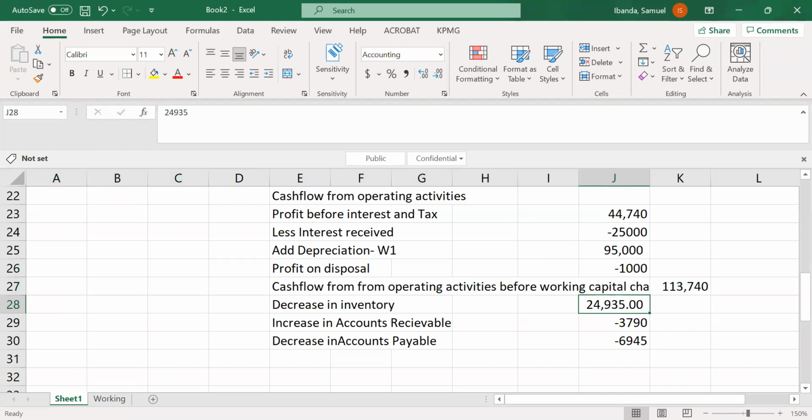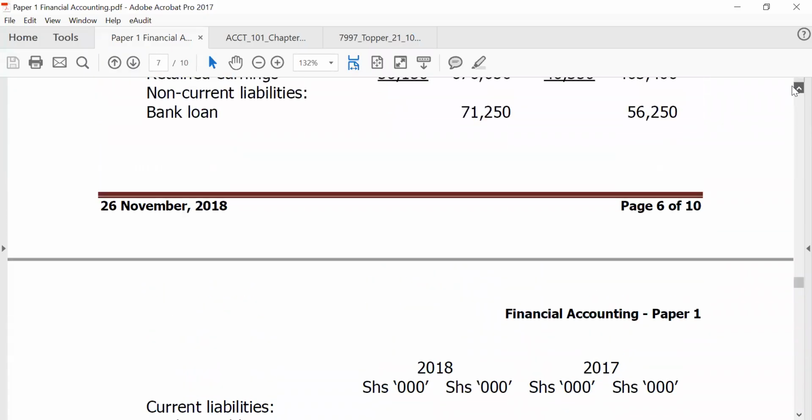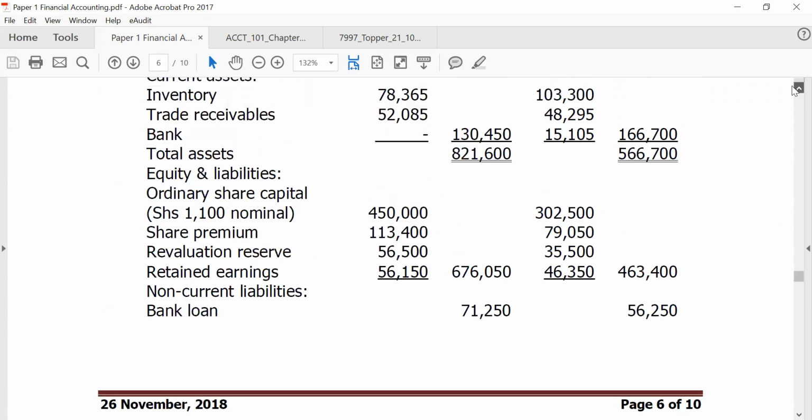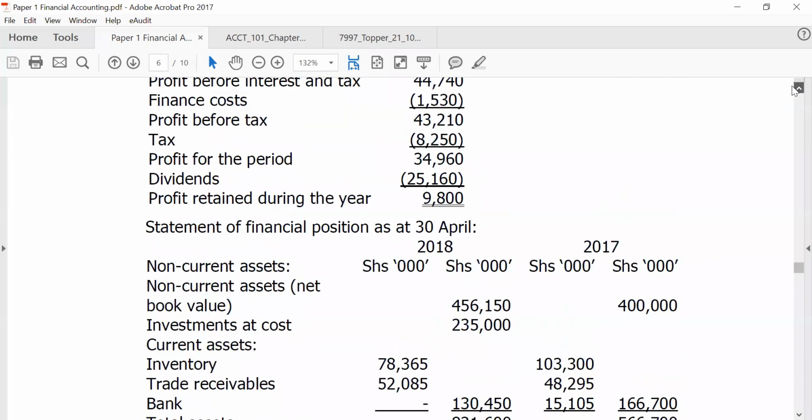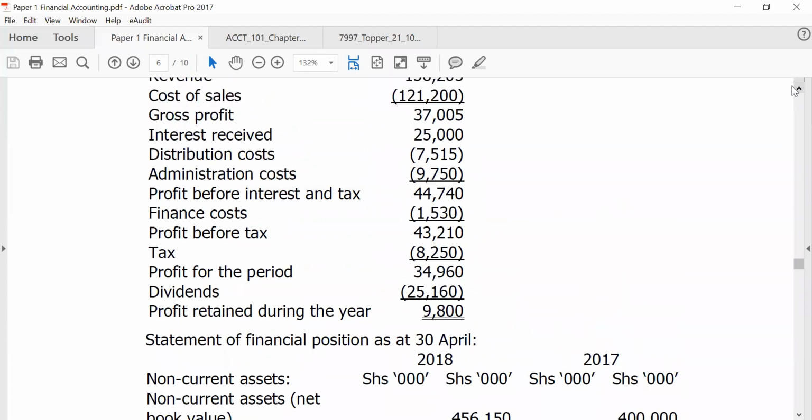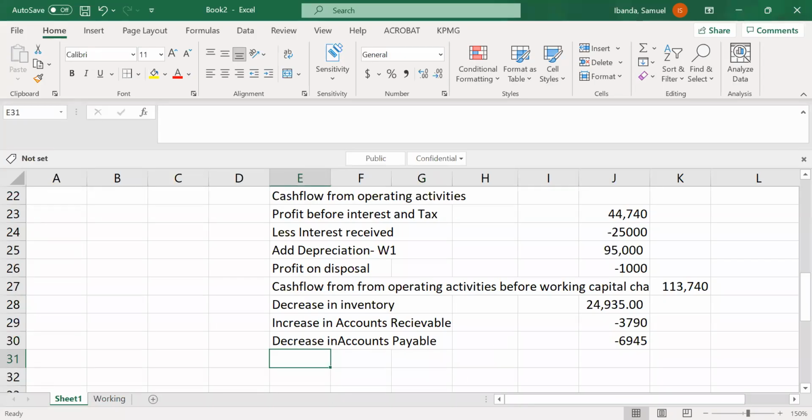We now proceed to look at other adjustments. Now, one of the other adjustments we are going to look at is the interest. Here, when we are looking at interest, we usually less the interest.